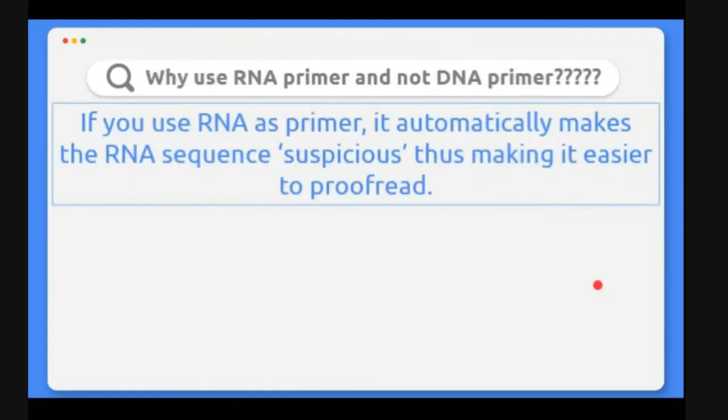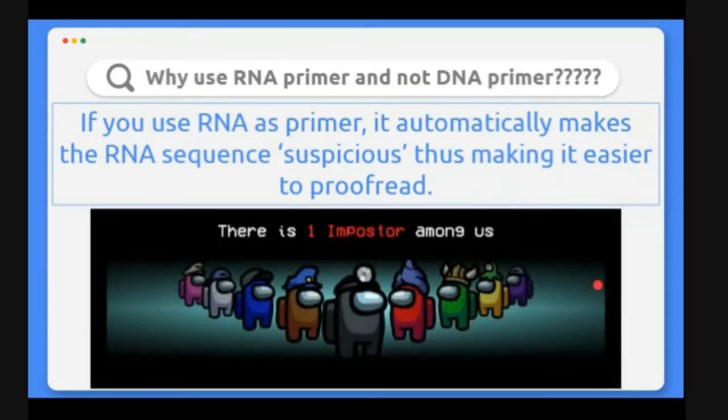If you use RNA as a primer, it automatically makes the RNA sequence suspicious, thus making it easier to proofread. Kasi in DNA replication, merong ability yung isang enzyme, which is DNA polymerase, to proofread itself. So, suspicious na kapag RNA yung gamitin mong primer.